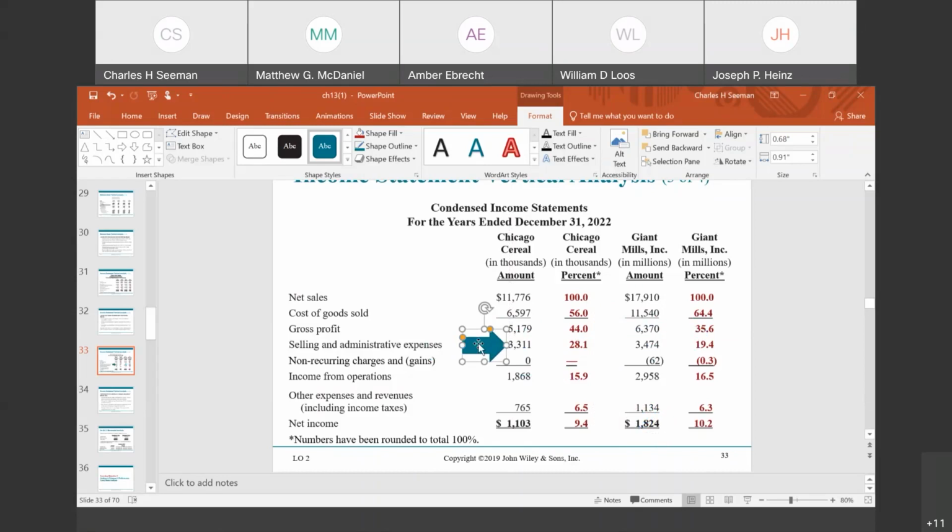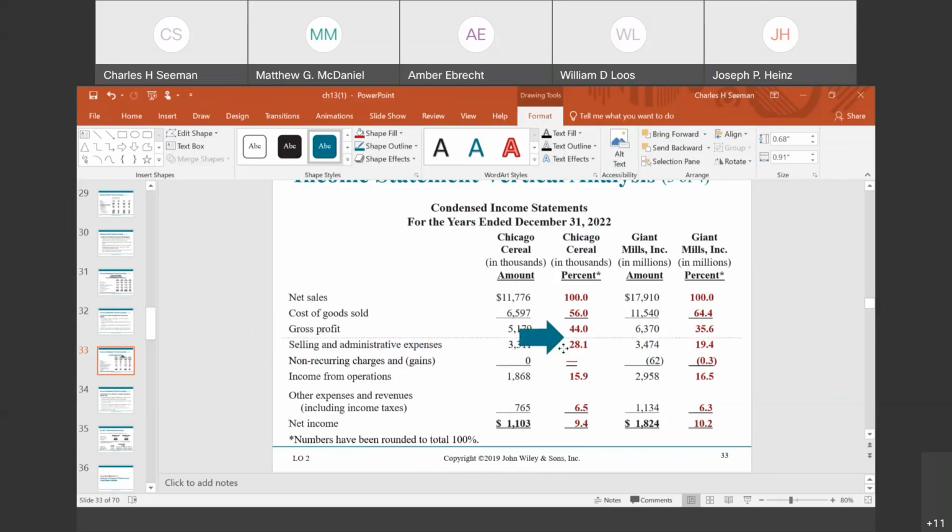That tells me that 28 cents of every dollar generated from revenue goes to paying selling and administrative expenses for Chicago Cereal. This also tells me that 19.4 cents of every dollar of revenue generated by Giant Mills goes to selling and administrative expenses.